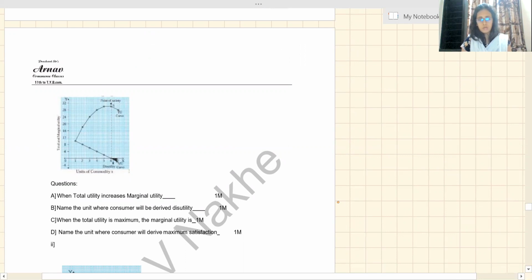Let's see. You can see that when TU increases, we know that TU starts increasing but at a diminishing rate and MU starts falling. So you can write false, or you can write decreases, because if it says MU increases, you can write it as false.